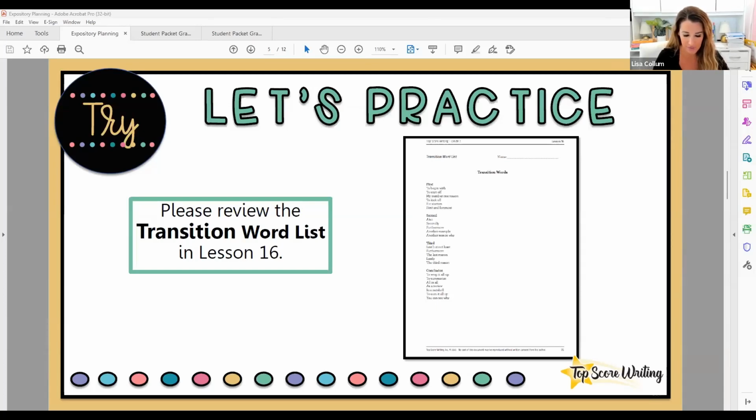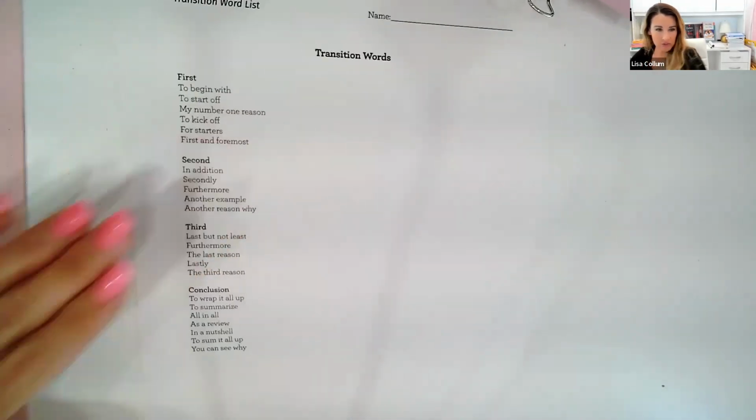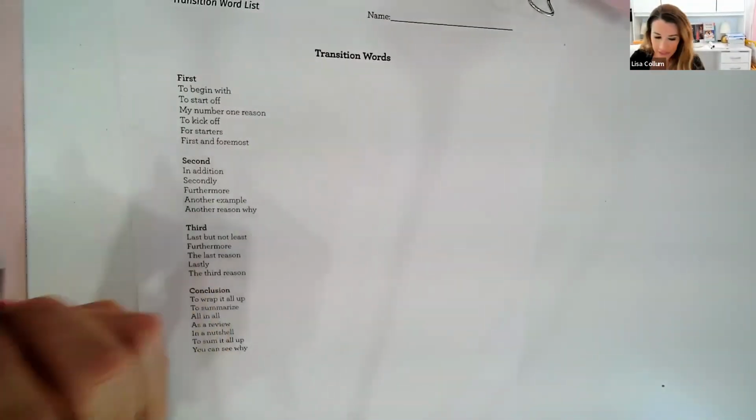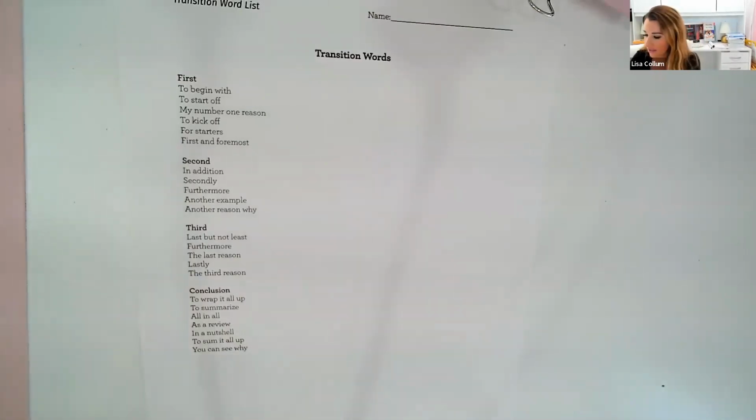I'm going to get out my list because I want you guys to be able to see this up close. So this is a transition word list that I made. Let me share my screen so you can see it bigger. And I want you to take a look at this real quick. So you can see here, these are words that you can say instead of first.